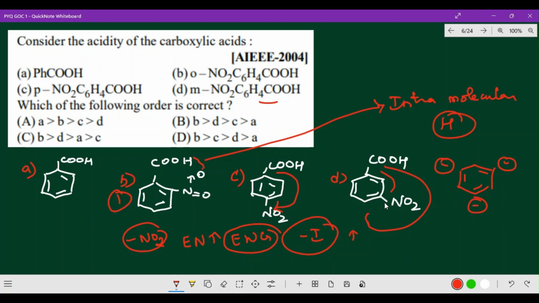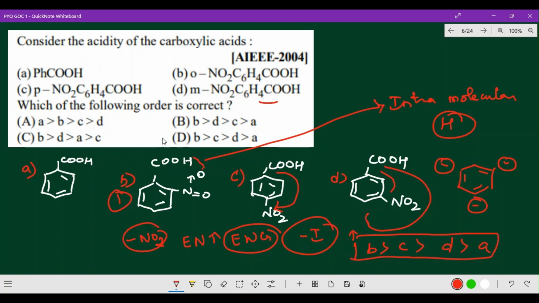Okay, so which is the correct option here? B is the first one, C is the second one, D is the third one, and A is the last one. So that means B greater than C, greater than D, greater than A. Which is the correct option?